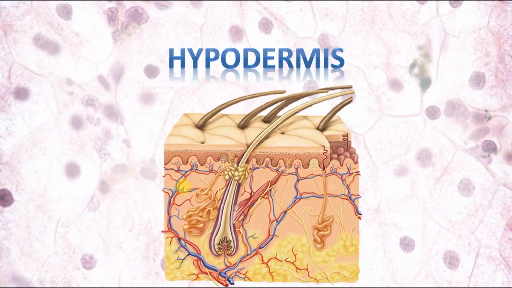And under the skin we have the hypodermis, the deepest layer of skin. In some classifications it's described as the third layer of skin: epidermis, dermis and hypodermis. In other classifications we describe only epidermis and dermis, and hypodermis isn't described as a layer of skin.